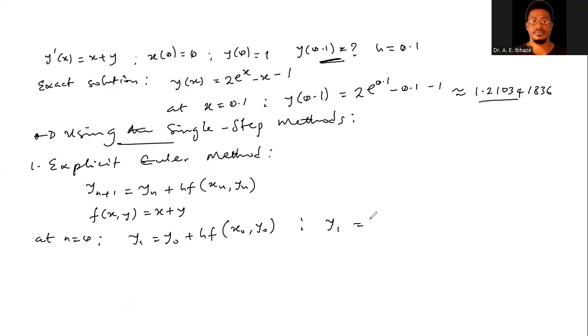y1 is the same as the next update at the time step 0.1. Okay? So we already know the initial conditions, y0 is the same as y of naught, which is 1.